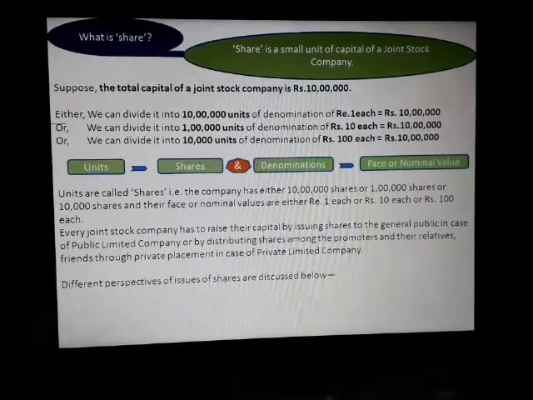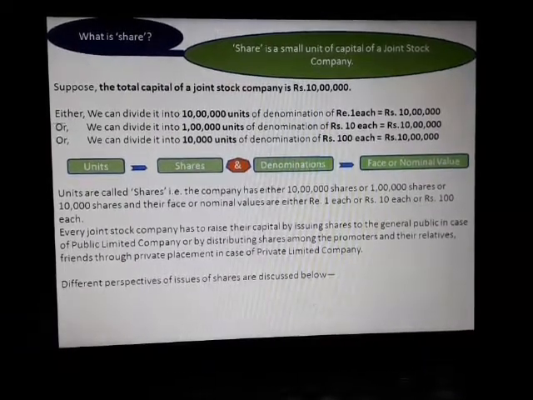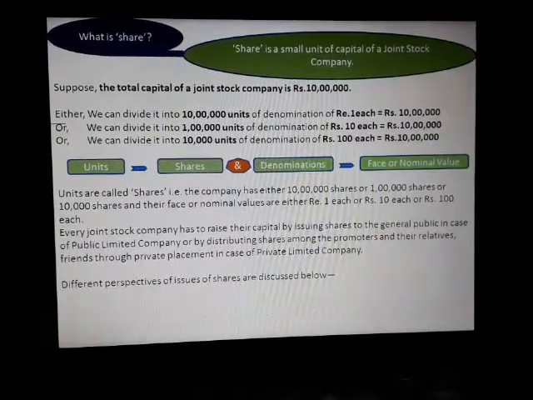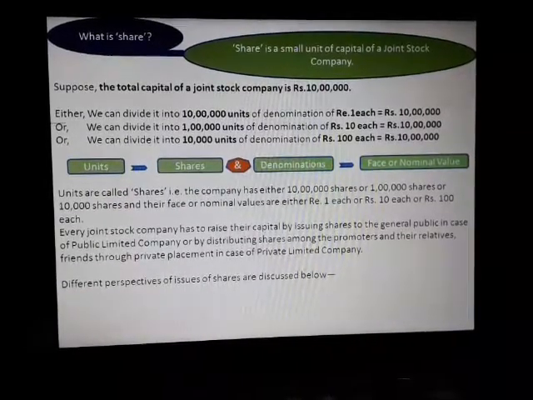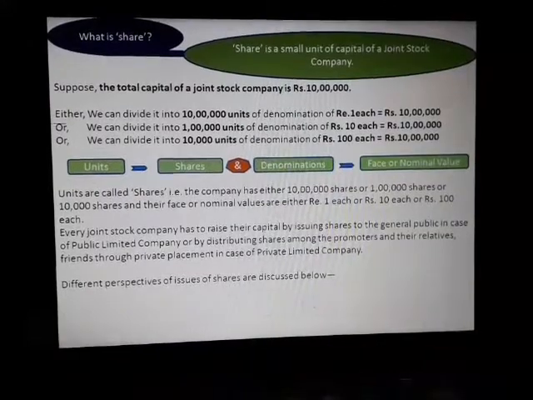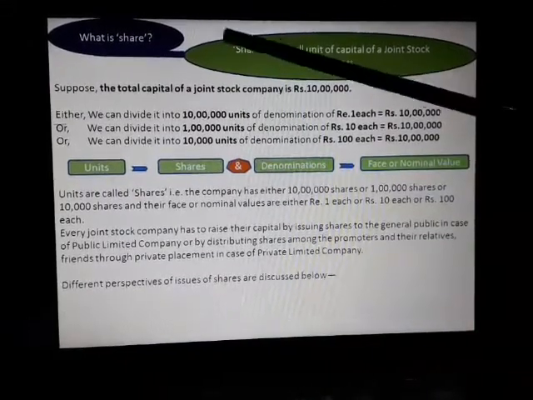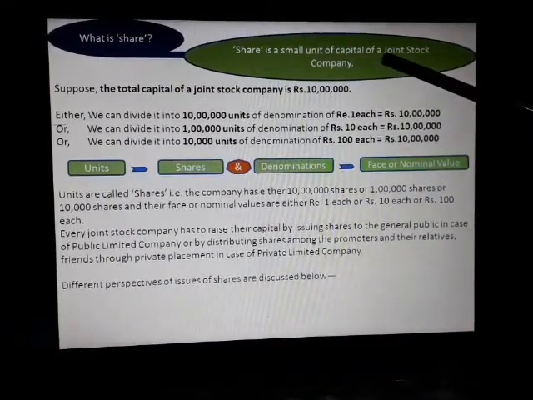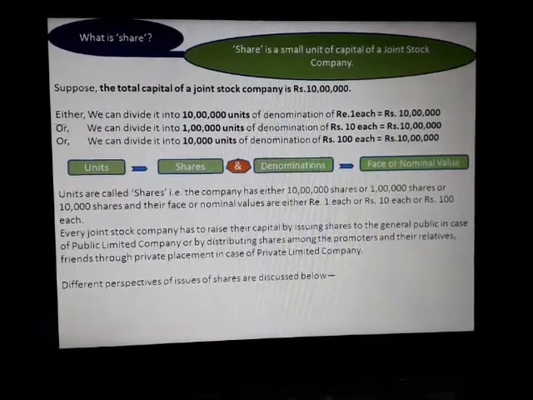So the term share is used only in case of joint stock companies, cooperative societies and corporation like business. So share is a very small fractional unit of capital with a very small denomination of the total capital. So share is a small unit of capital of a joint stock company.